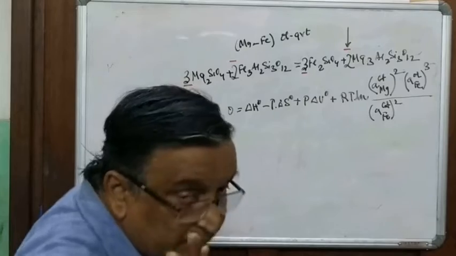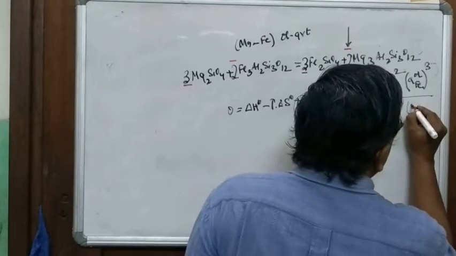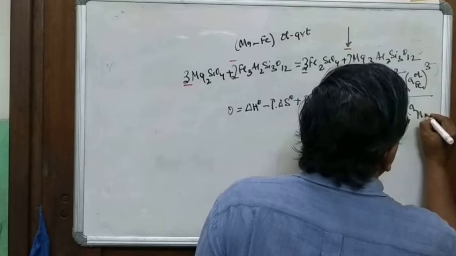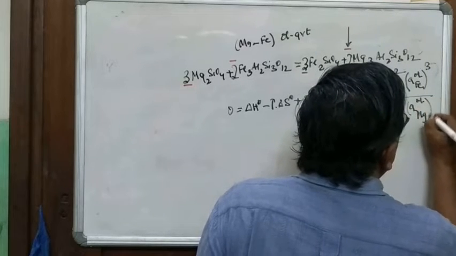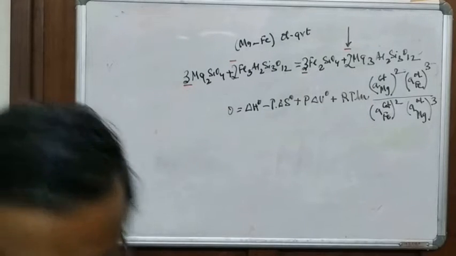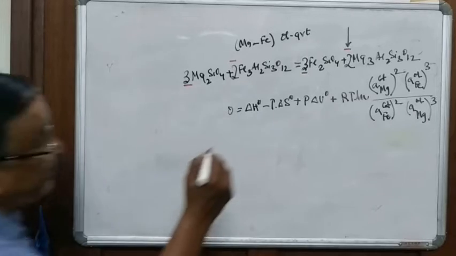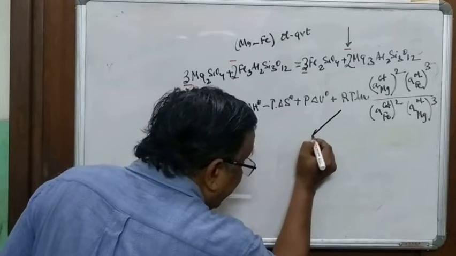This has nothing to do with mixing, this is the stoichiometry. And then activity of Mg in olivine, and this is cubed. Have you understood? This is cubed.